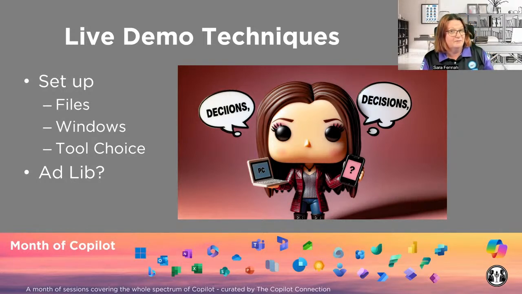Do I demo through Bing Chat? Do I demo through the Outlook sidebar? Is it good to have a variance between them? Am I going to demo from mobile? Am I going to demo from PC? Am I going to demo from Mac? Do I need all of the above? It will depend on your audience and the purpose of the session, what you're trying to get across.